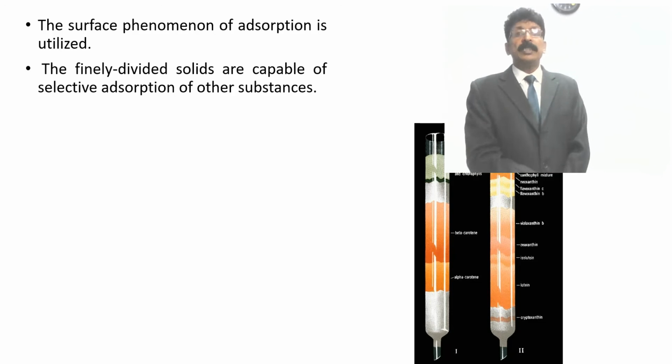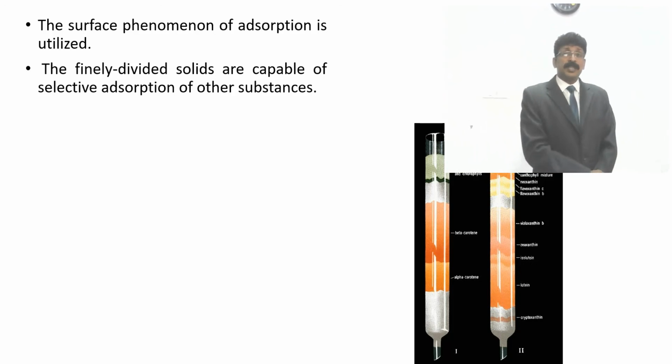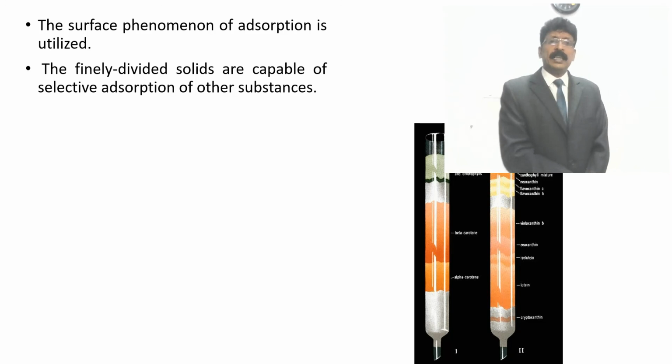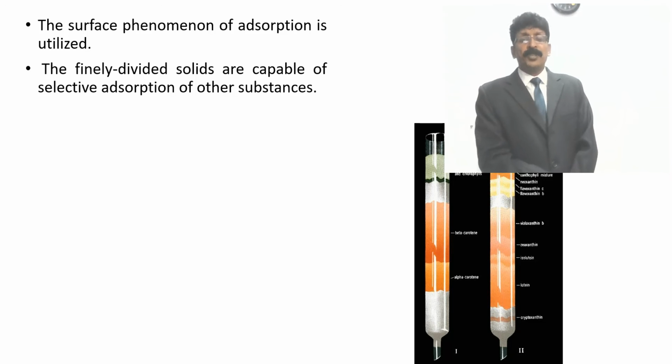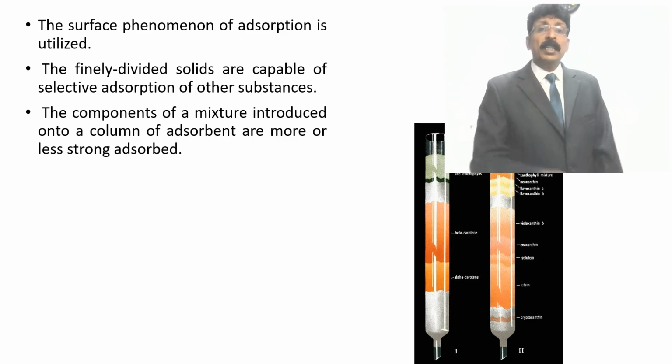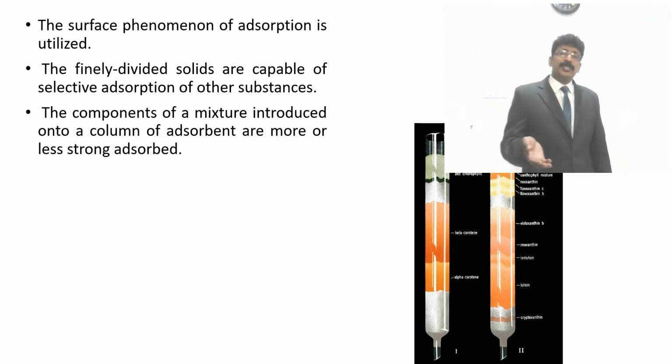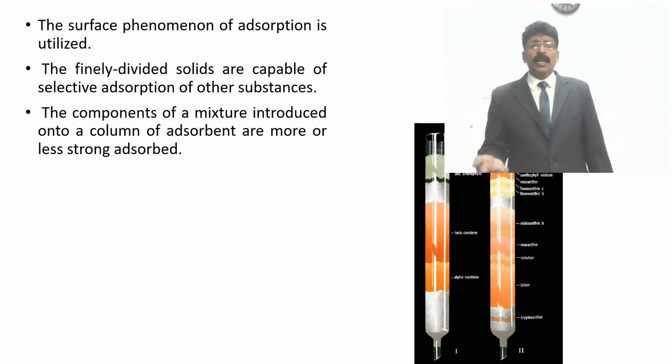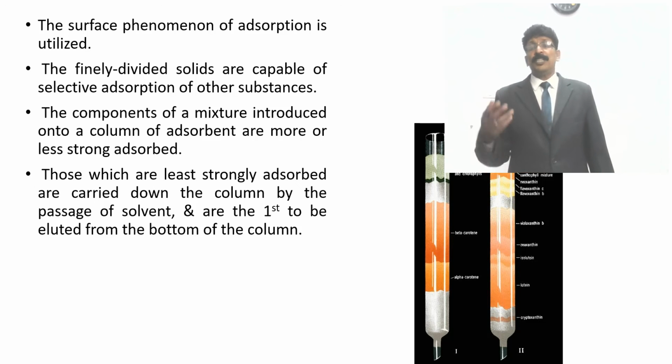So the surface phenomenon of adsorption is utilized here, which is called adsorption chromatography. Finely divided solids are capable of selective adsorption of other substances. The components of a mixture introduced into a column of adsorbent are more or less strongly adsorbed.